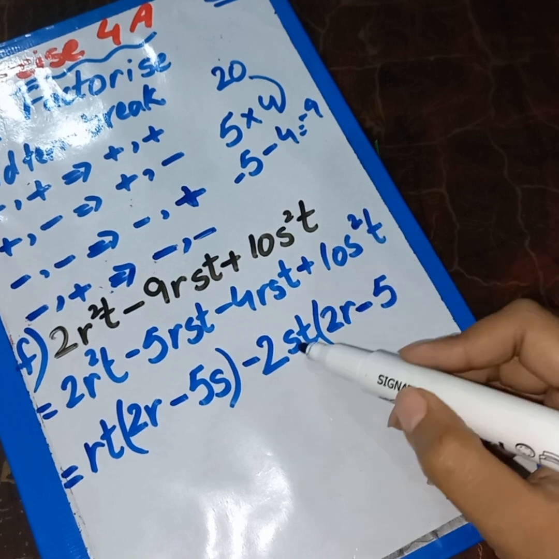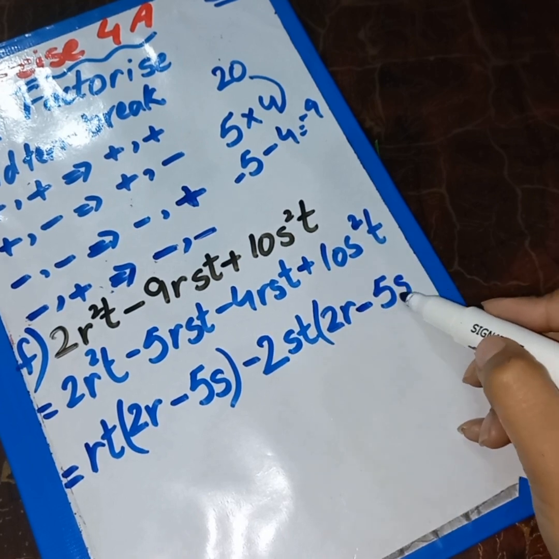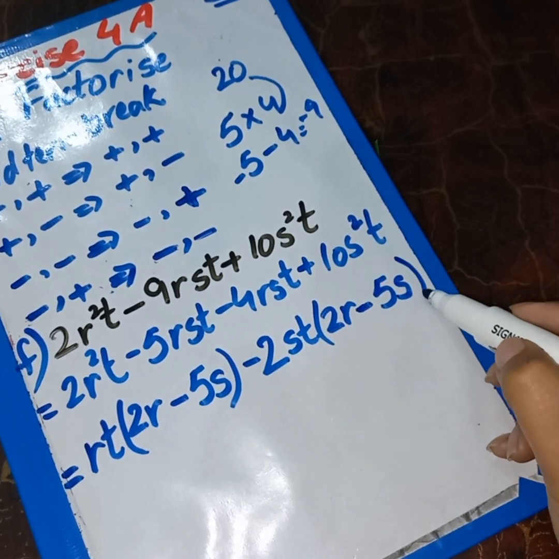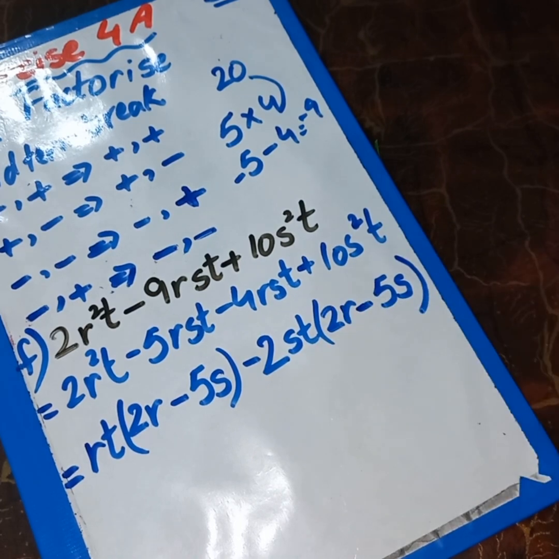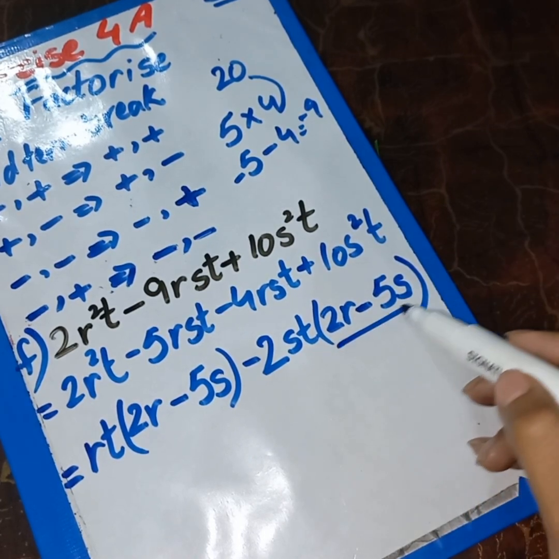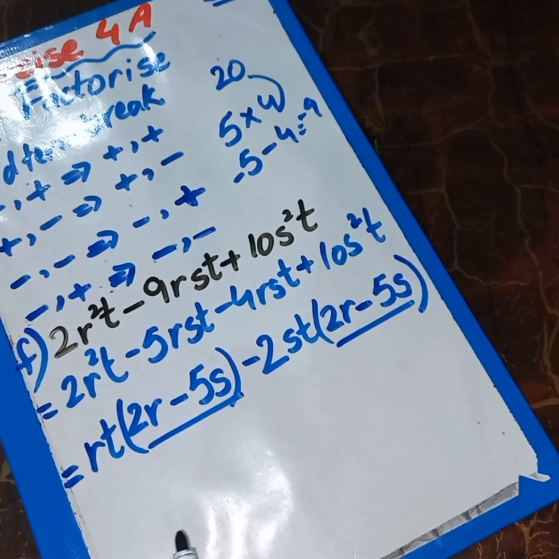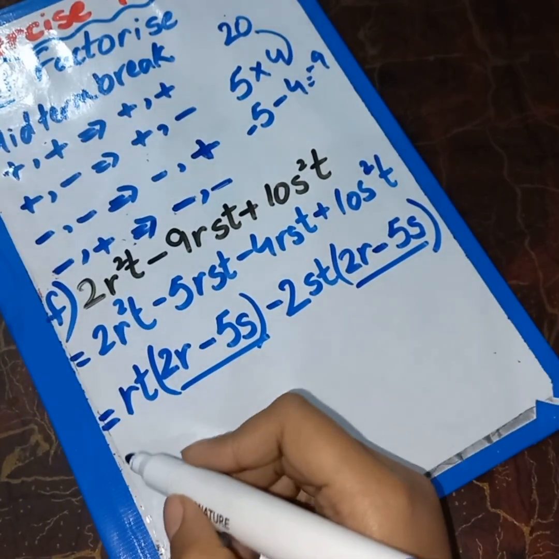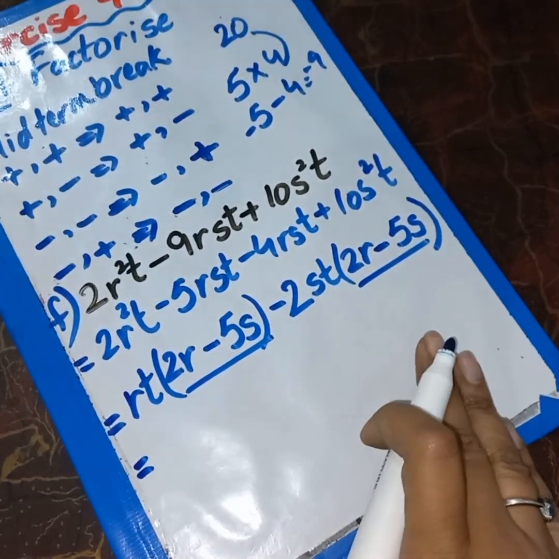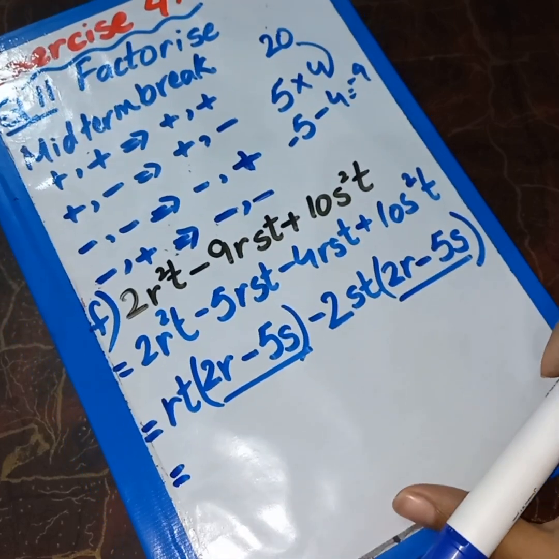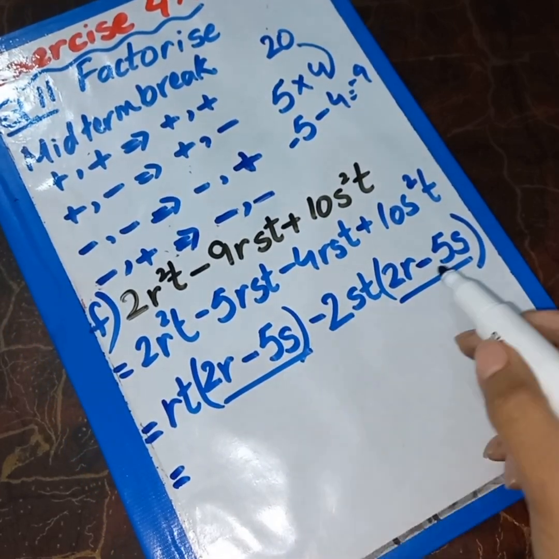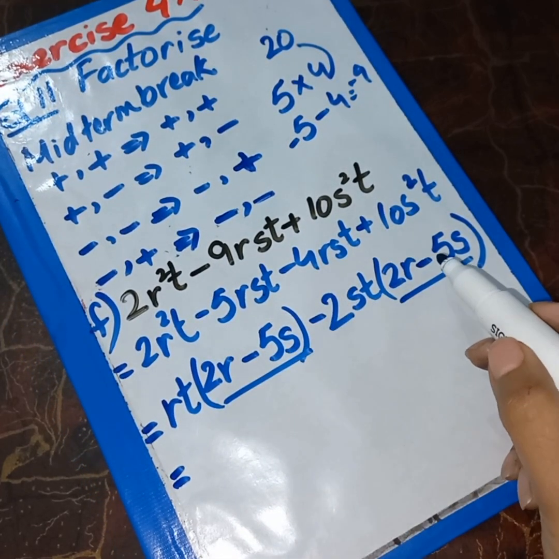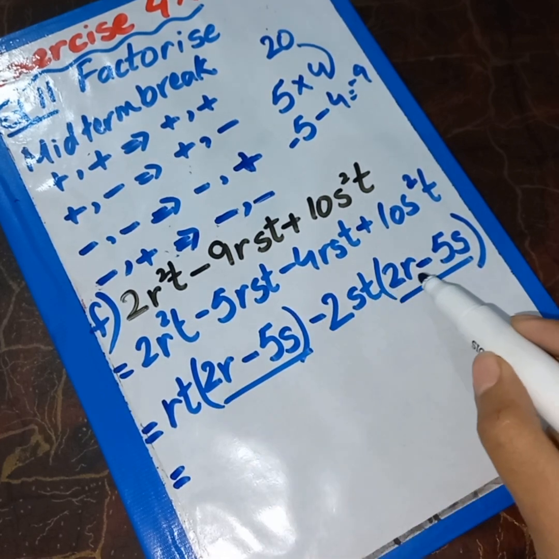From s square, one s is outside and one s I can write here, but there is no need to write t because t is already outside. So now observe, both become the same. You need to take care of these things, that once these are the same, this is a very logical thing if you observe, and you have to do this step very keenly.